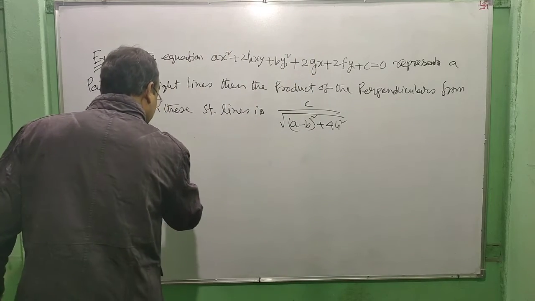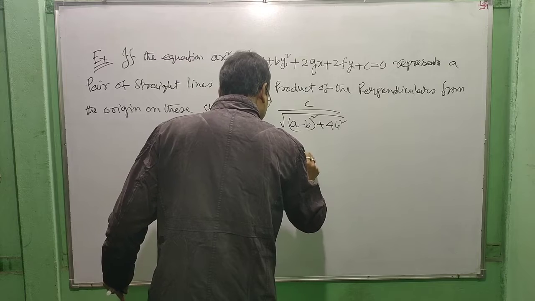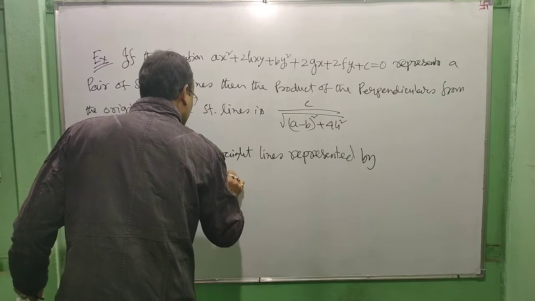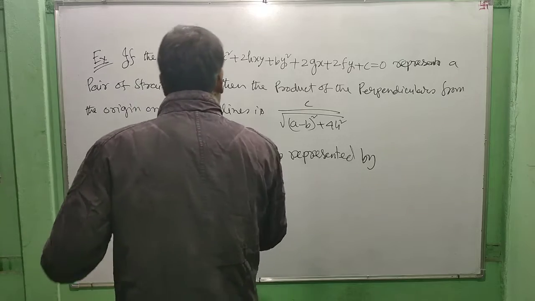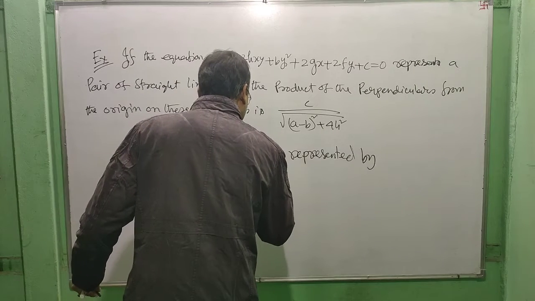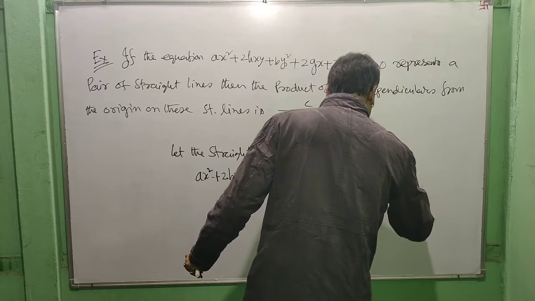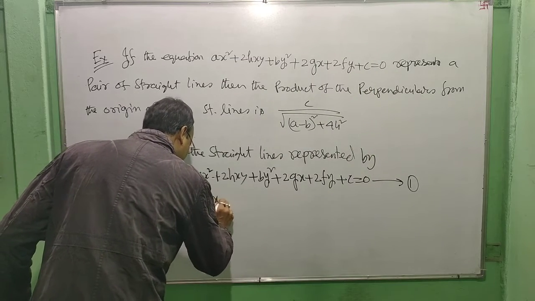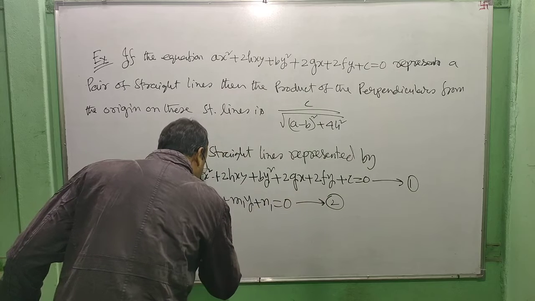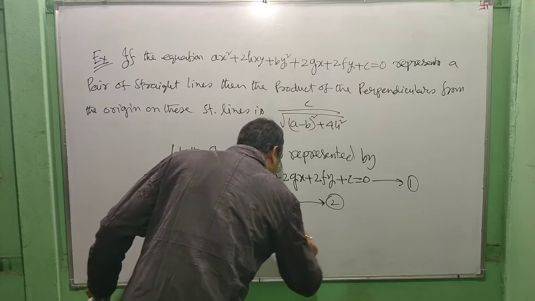Let the straight lines represented by ax square plus twice hxy plus by square plus twice gx plus twice fy plus c equal to 0, this is number 1, be L1x plus M1y plus N1 equal to 0, suppose this is number 2, and L2x plus M2y plus N2 equal to 0, suppose this is number 3.